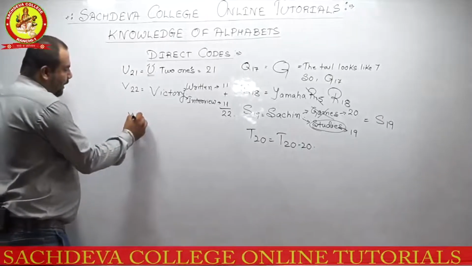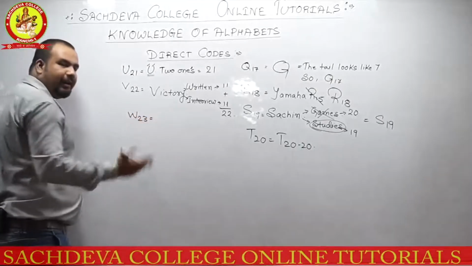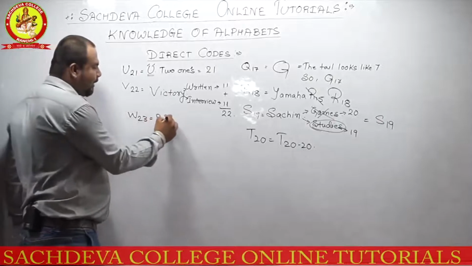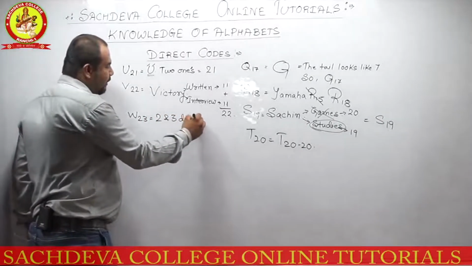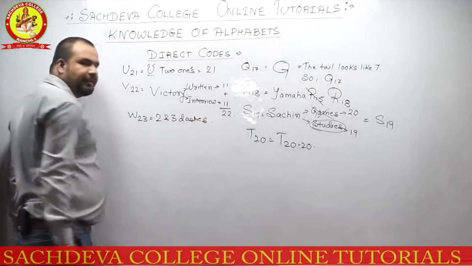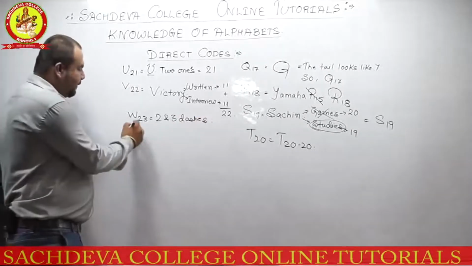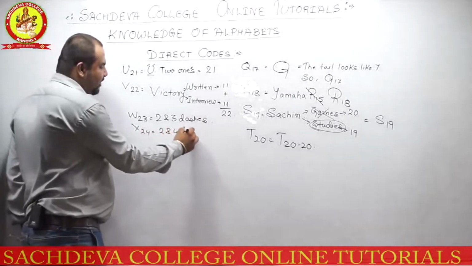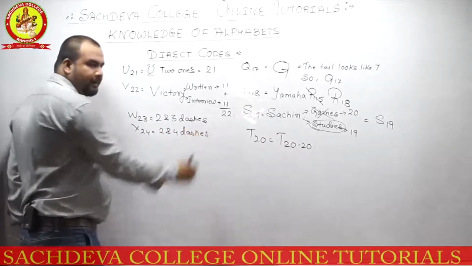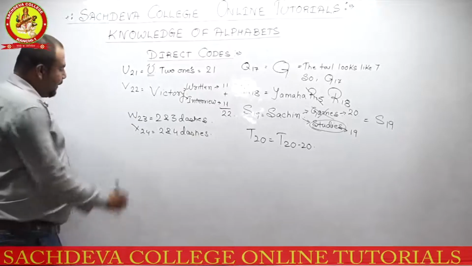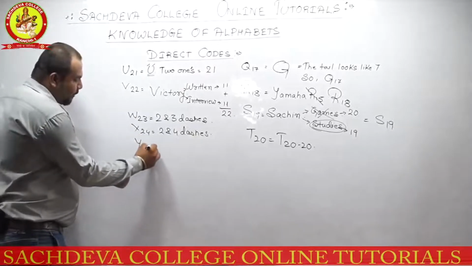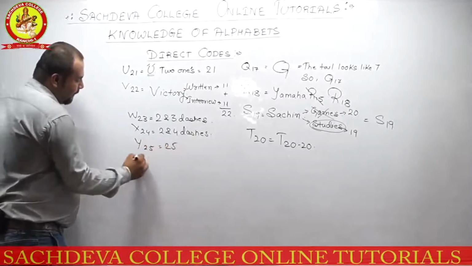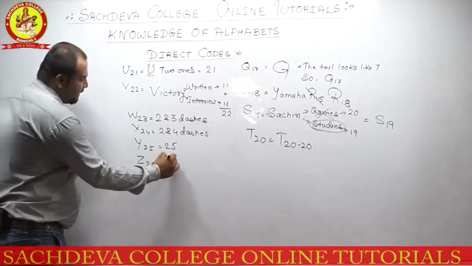Now, when we talk about W23, we have earlier discussed 2 and 3 dashes, that is 23. Okay? Then X24, 2 and 4 dashes, that I have discussed earlier. Okay? Now, the next are Y25 and Z26.